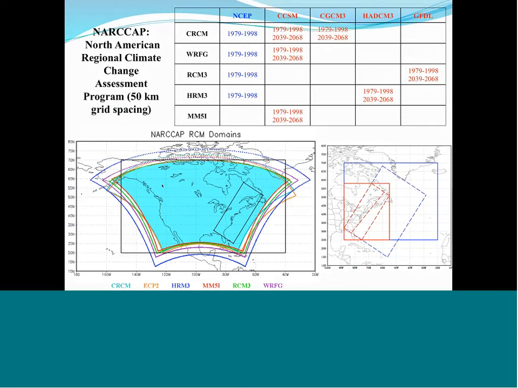For the NARCCAP, we looked at several members, both in a historical sense, forced either with NCEP or the GCMs, as well as some future GCMs. I'll show you a snapshot from the historical as comparison in a few minutes. But one issue with the NARCCAP is that our area on the East Coast is fairly close to the boundary of these regional models, which may be having some impacts and so forth.